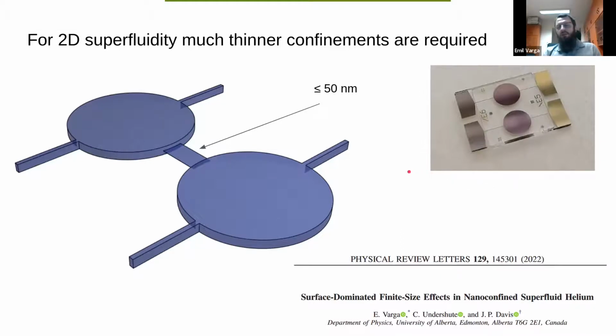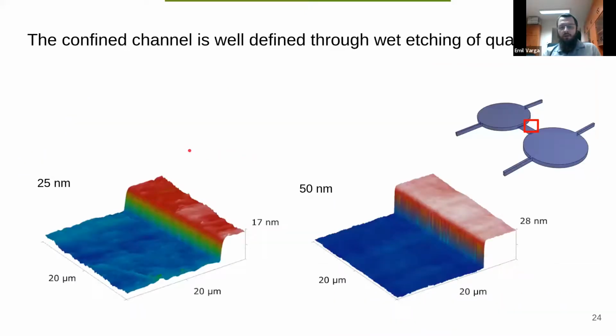So the devices that we use here are basically two ordinary Helmholtz resonators placed side by side on a single chip, bridged together with a very strongly confined channel. All of the geometry on the chip is defined through wet etching, so with hydrofluoric acid, which is a fairly well controlled procedure where creating channels which have only about 70 nanometer step or 25 nanometer step is relatively easy.